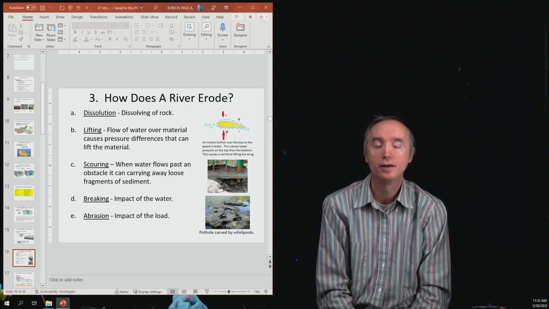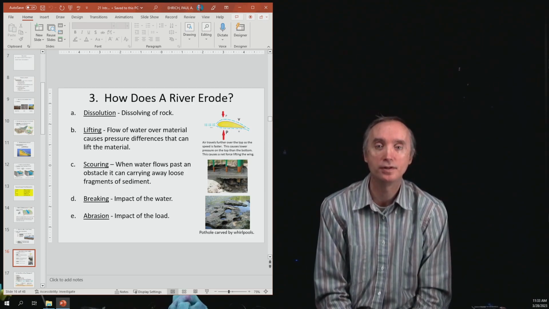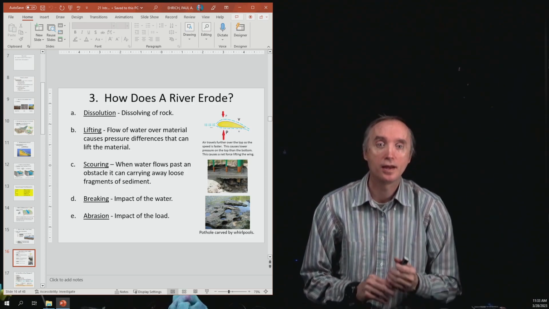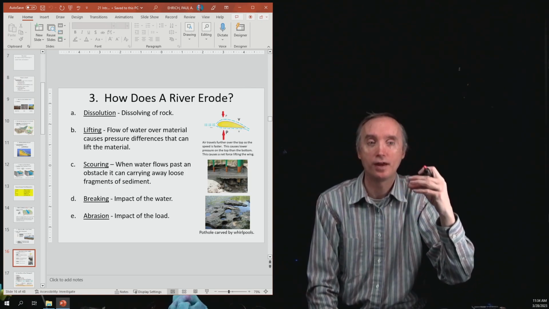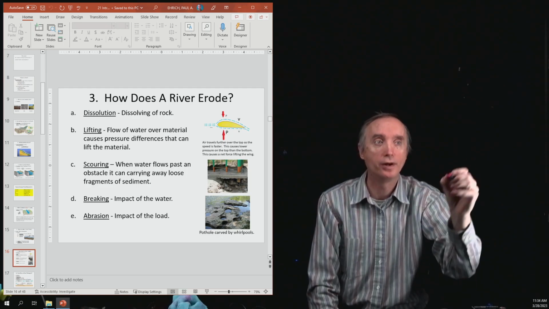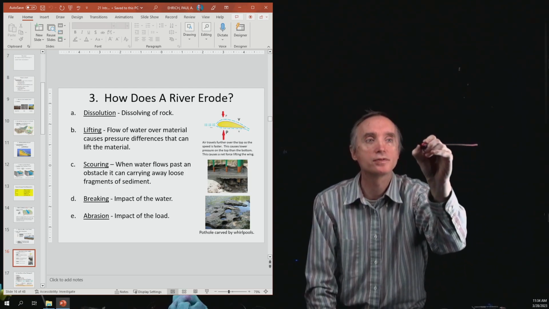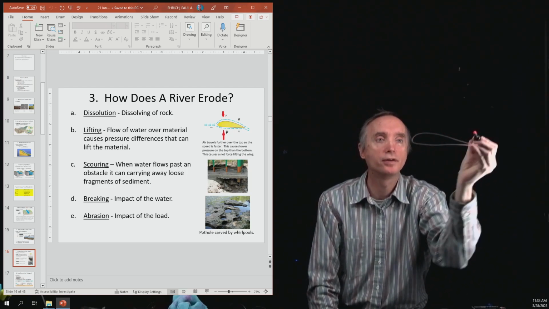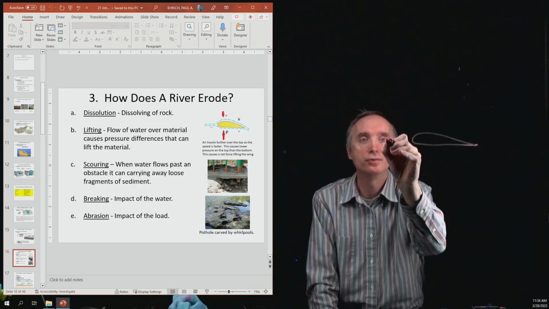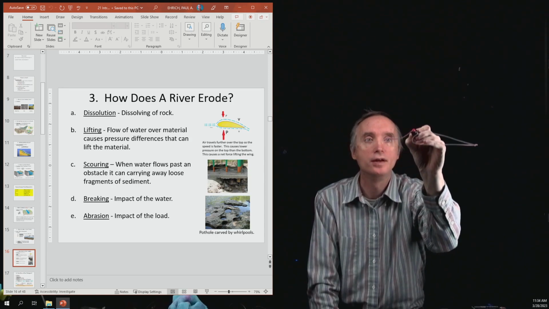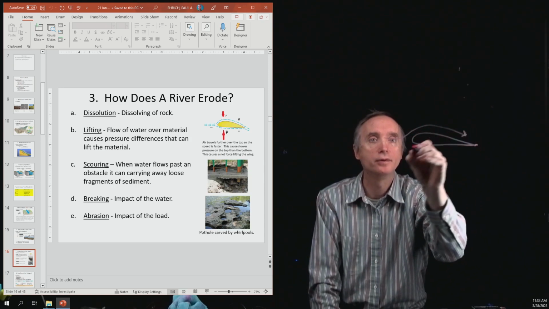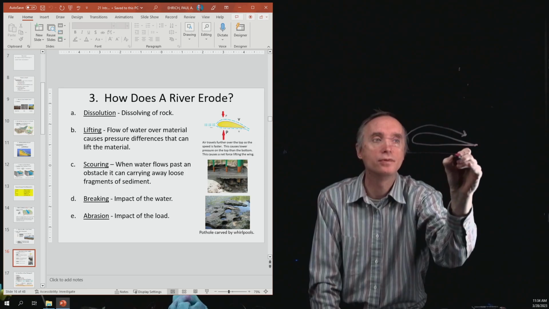Okay, another way that a river can erode is by lifting. An example of this in terms of air would be an airplane wing. If this is a picture of an airplane wing, let's assume that the wind, the air, is coming from this direction, and some of the air goes this way, and some of the air goes this way.